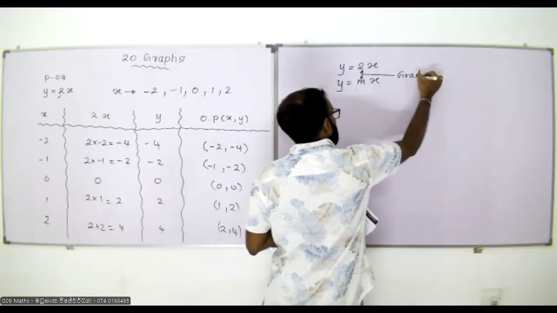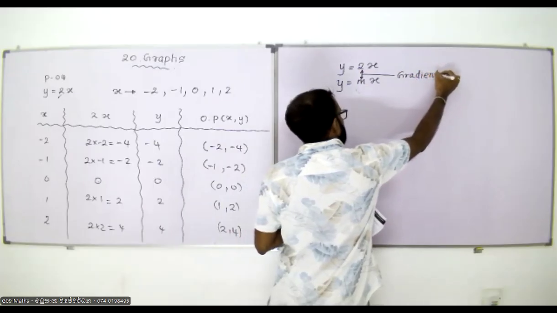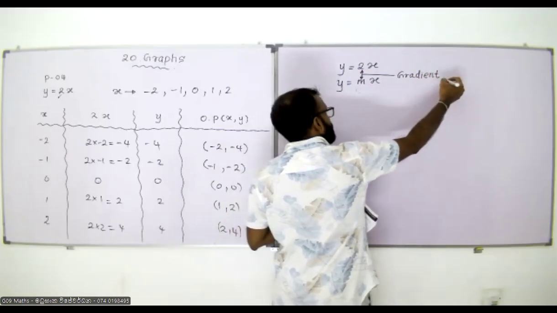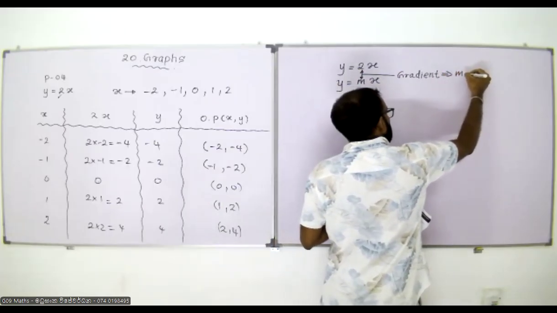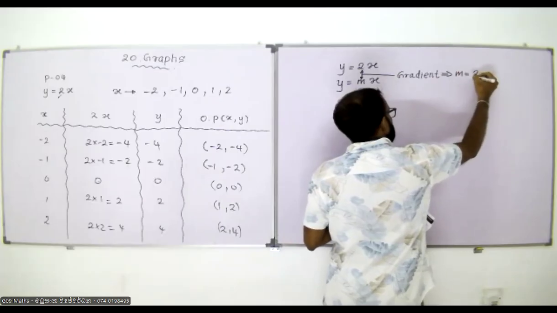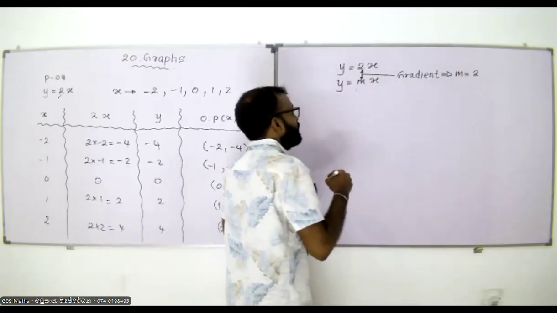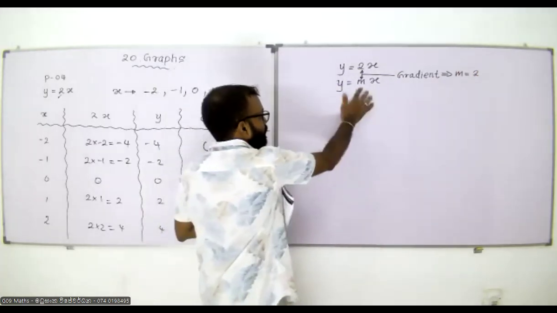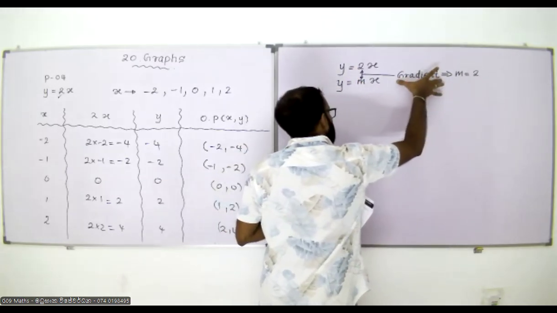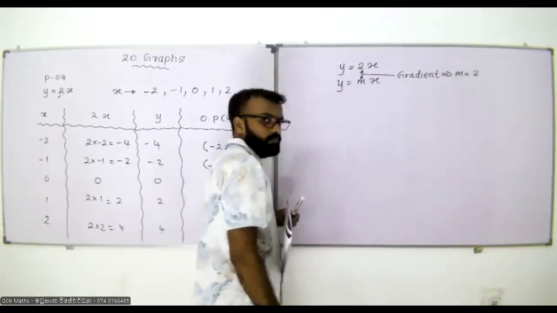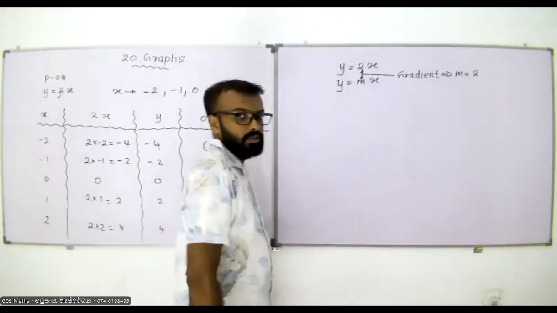So your gradient is positive 2, m equals 2. That is the gradient of this particular graph. First of all, please write this down; you need to understand it.